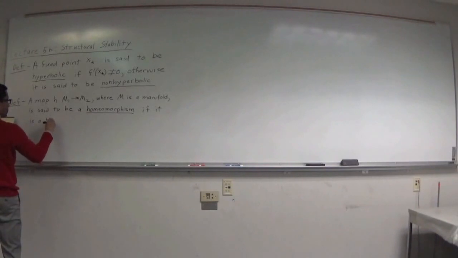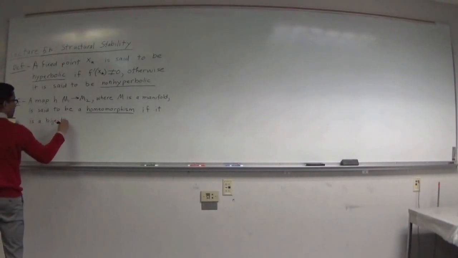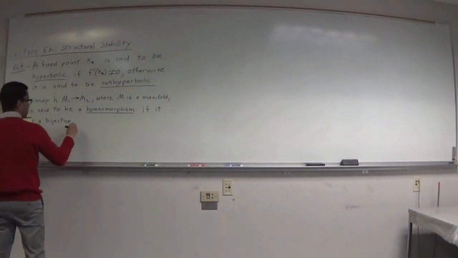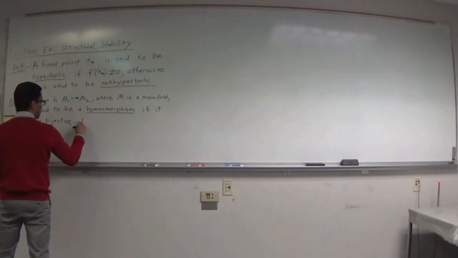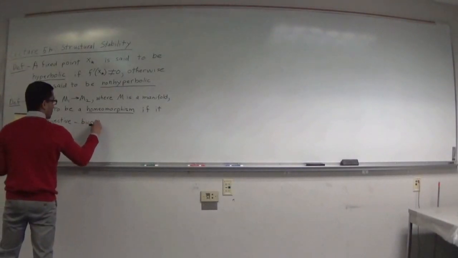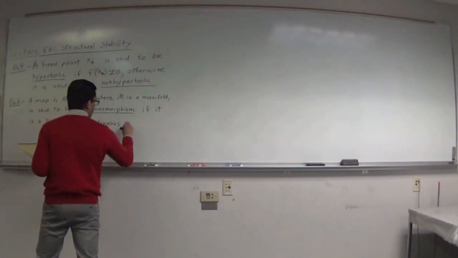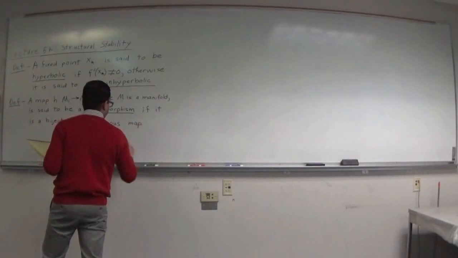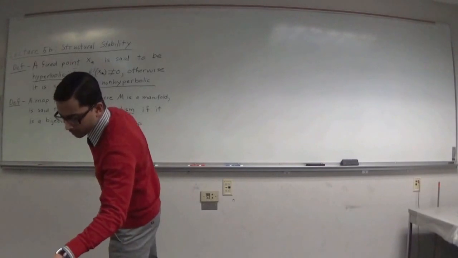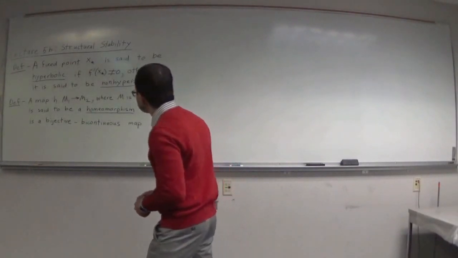So bijective means one-to-one and onto. And bicontinuous, so it's continuous and it has a continuous inverse map. So that's what a homeomorphism is.